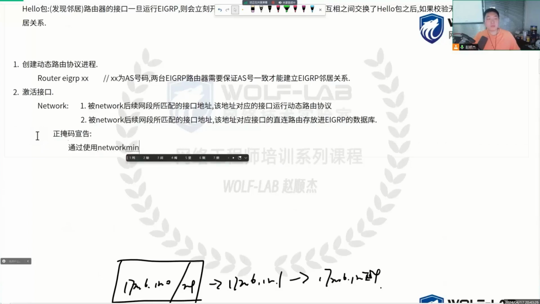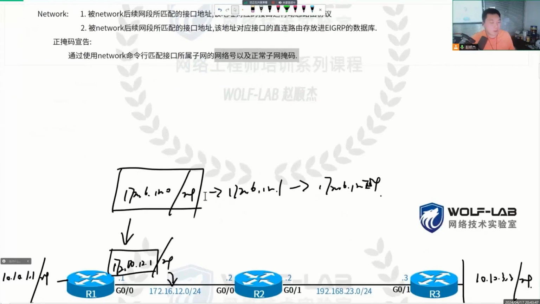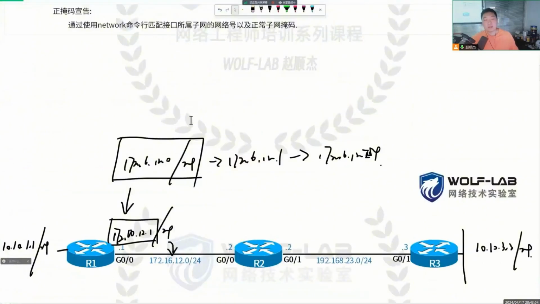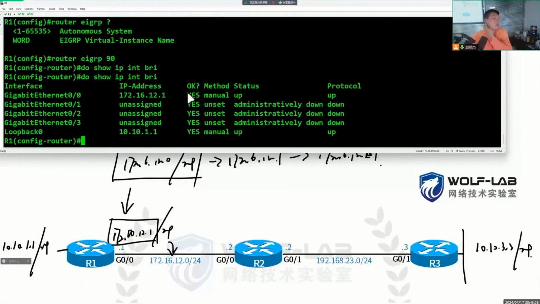For example, on R1, our interface 172.16.12.1 belongs to the 172.16.12.0/24 network segment. I directly type network 172.16.12.0, then the positive mask 255.255.255.0.